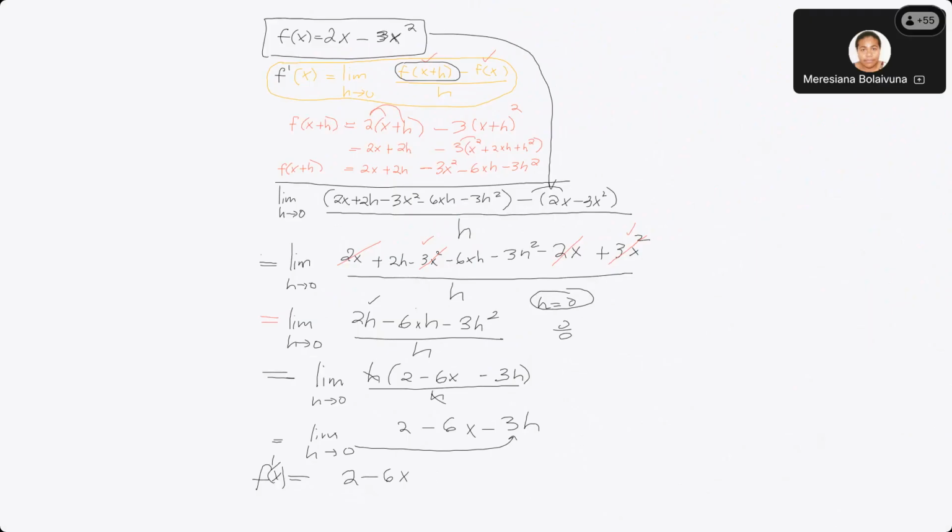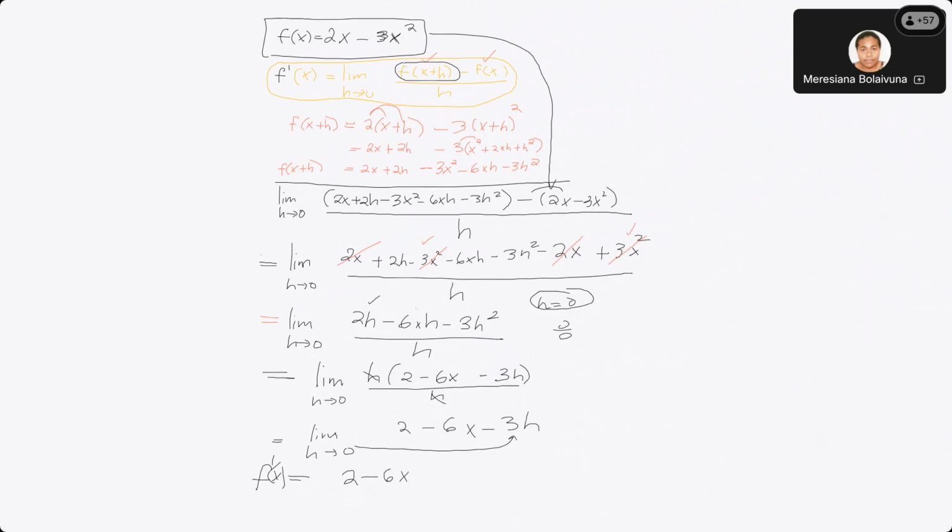Can you view the working? Right, so these are some of the common mistakes that most of you make in this question.